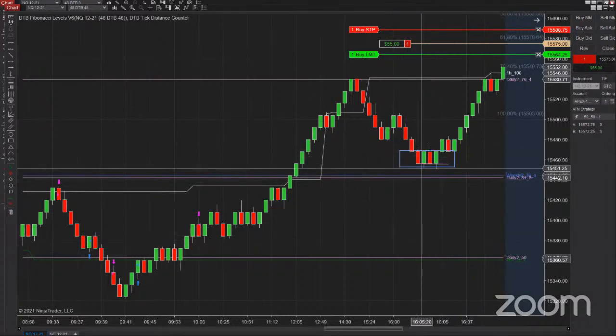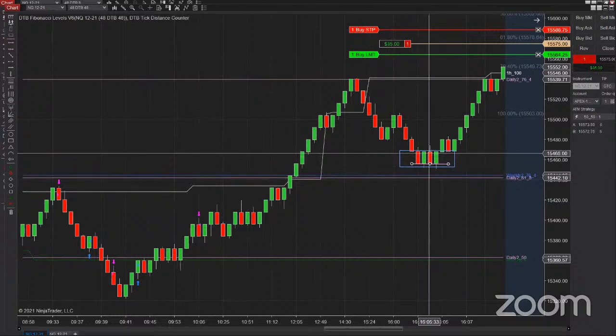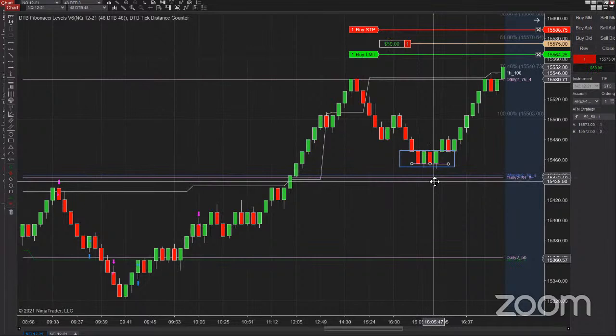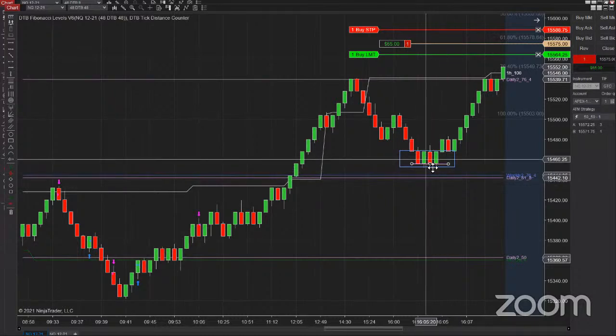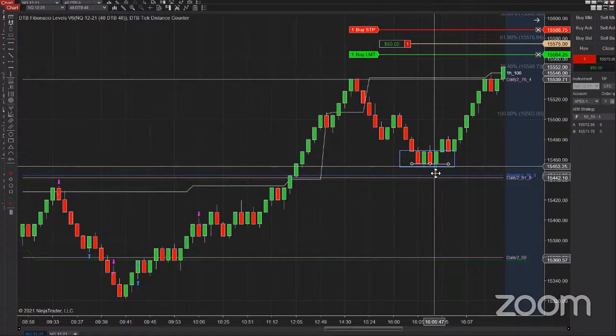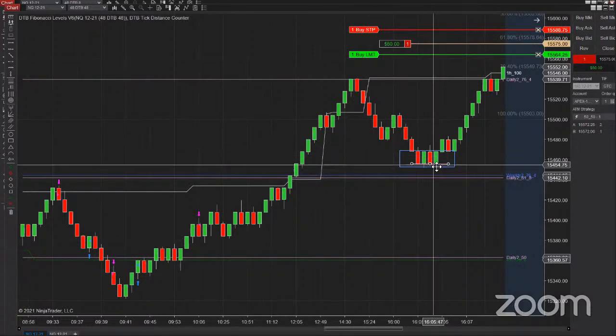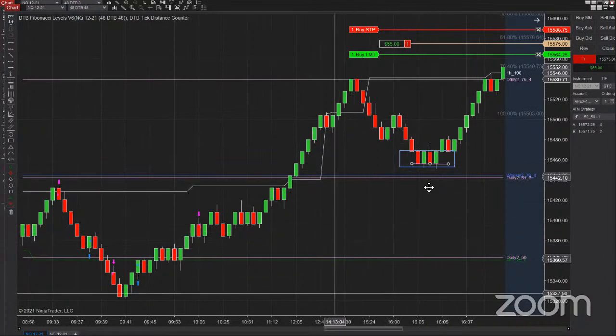You can do a limit order at the bottom of a candle like that with a 48 tick target and then a 48 tick stop. That stop will put you just below those Fibonacci levels. Again, the chance of it going up is a little bit better than the chance of it breaking through, especially if 1 or 2 candles are struggling at a specific level.